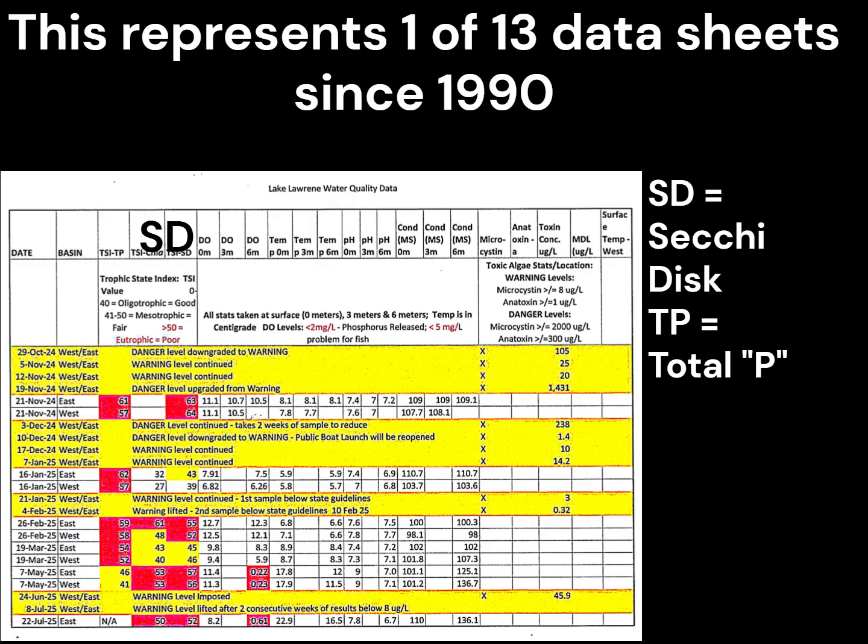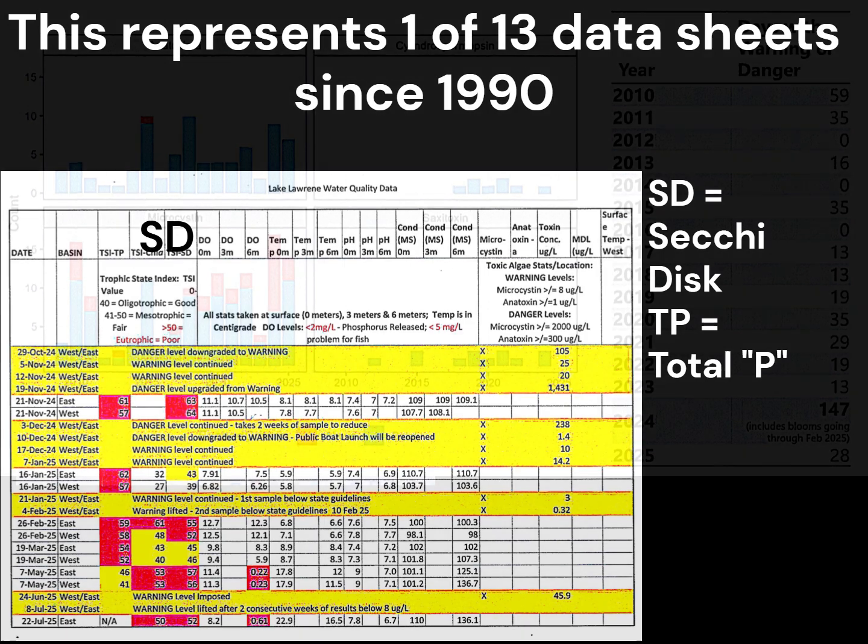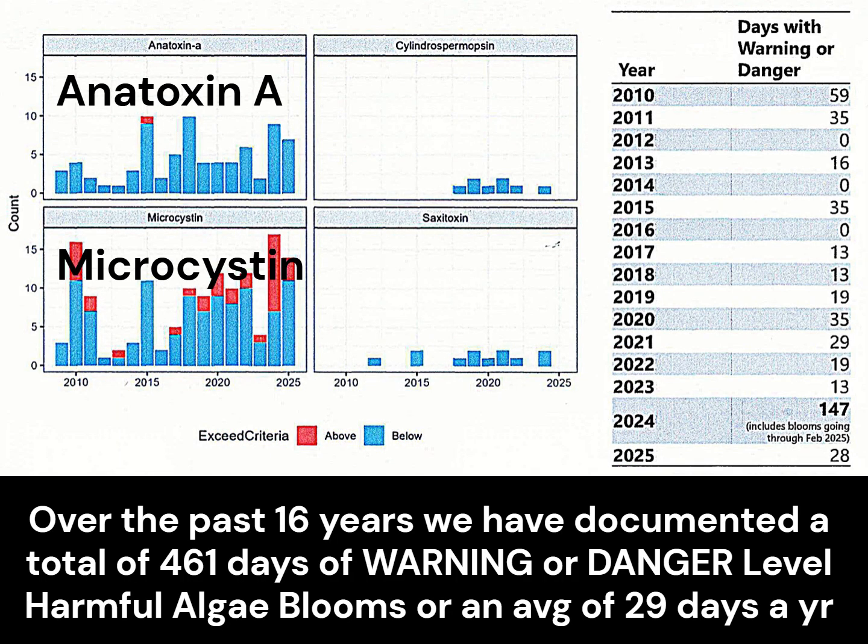We do. Okay, so total phosphorus and Secchi depth, and then knowing something about the species of algae that are in the water, like Microcystis and Anabaena and these other ones. Yeah. The two that we get are microcystin and anatoxin-a.